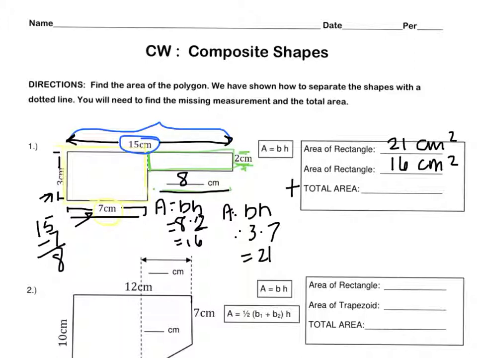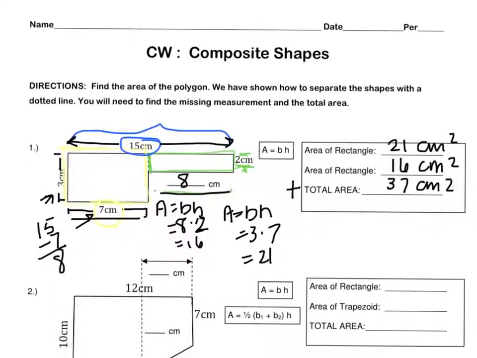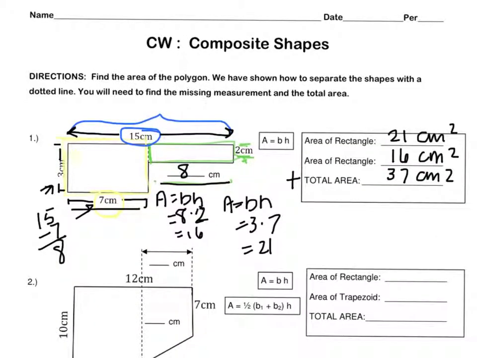And so we would have 37 centimeters squared as our total for the whole shape. What that means is that the whole area inside the shape, the composite figure, is 37 centimeters squared.